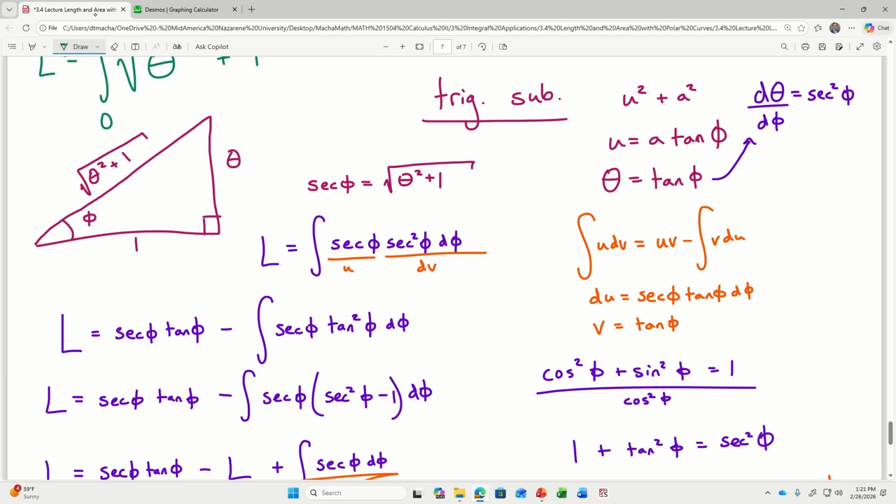So like, I could write phi equals arctangent of theta. And what is the arctangent of 0? And what is the arctangent of 2 pi?